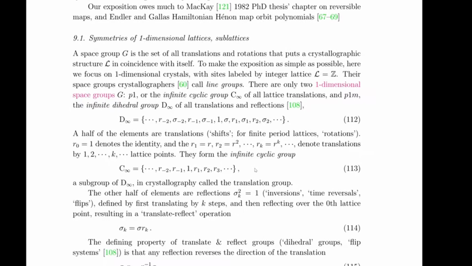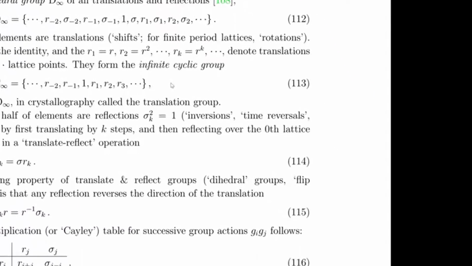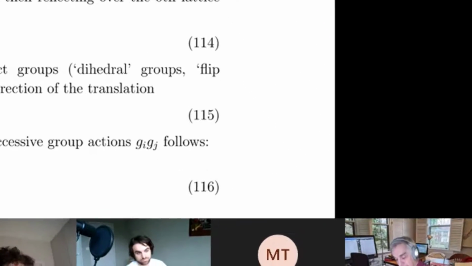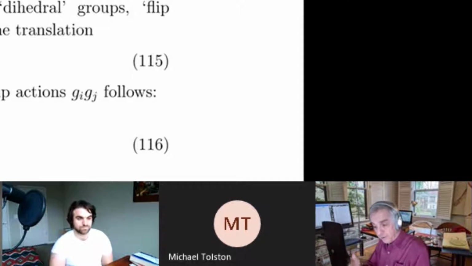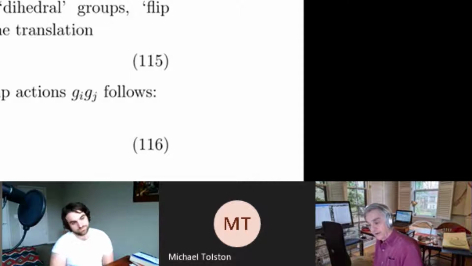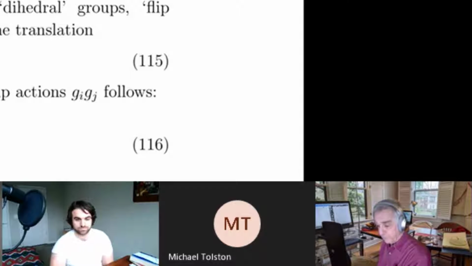When you enumerate space groups in crystallography, they all have translations. And depending on dimension, they're translationally invariant in D dimensions if you have a D-dimensional lattice. So translations always form the normal subgroup of the space group. Now, what is a space group? It's a group of all admissible translations and rotations.